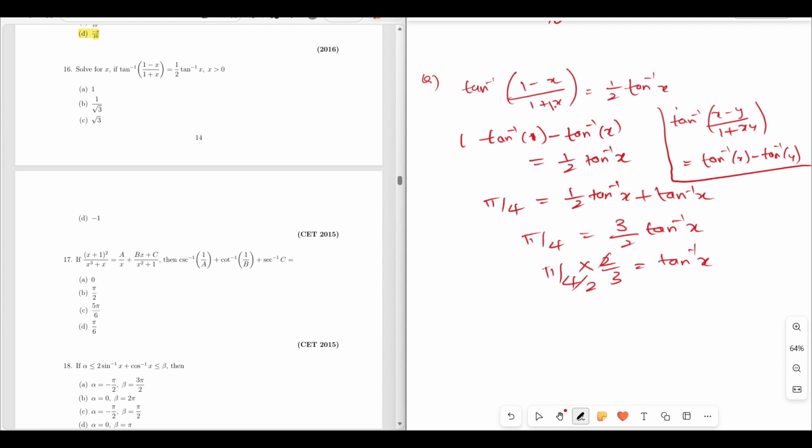So 2 ones are 2, 2 twos are 4, giving pi by 6 is equal to tan inverse x. So you got the answer: x is tan of pi by 6. What is the value of tan of pi by 6? 1 by root 3. So option B, 1 by root 3, is the correct answer. So x is equal to tan pi by 6, which is tan 30 degrees, 1 by root 3.